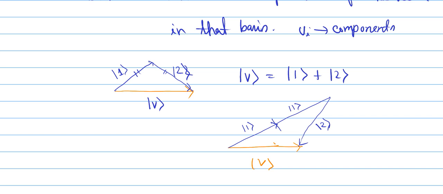So this 1 and 2 also are linearly independent. In this system, I can write v as 2 times 1 plus 2. So for this basis my components are 1 and 1, and for this basis my components are 2 and 1. These are called components of our vectors.